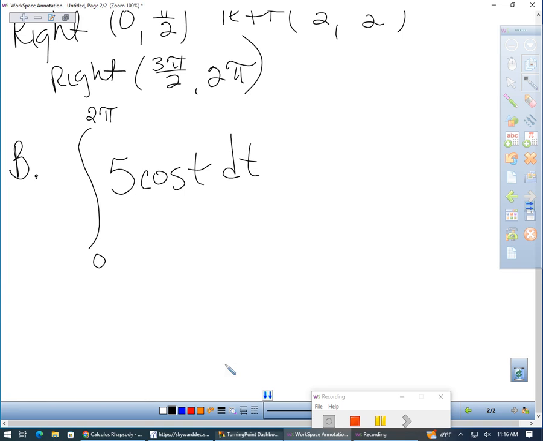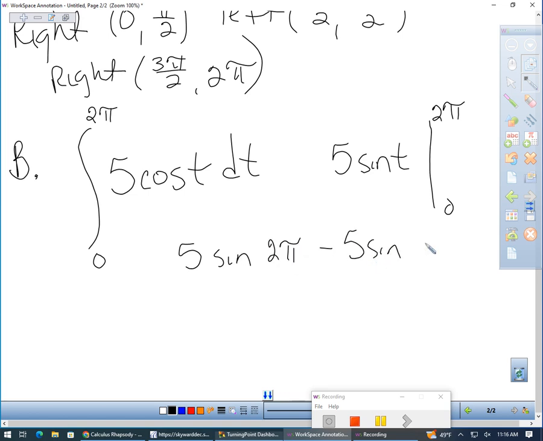All right. Antiderivative of 5 cosine t is 5 sine t, and we're going to do it from 0 to 2 pi. So we have 5 sine at 2 pi minus 5 sine at 0.